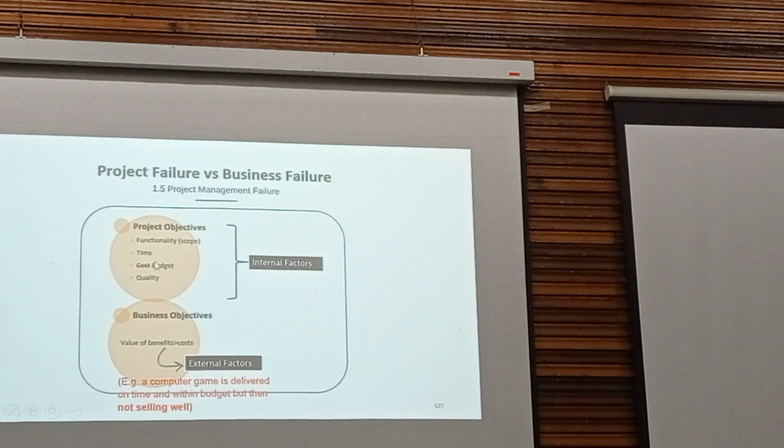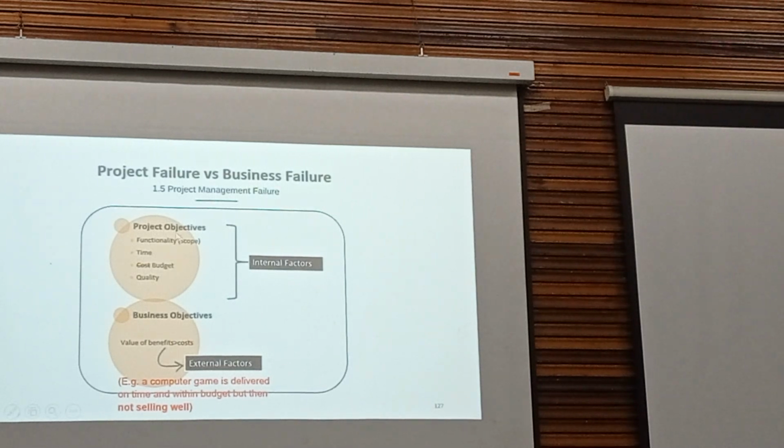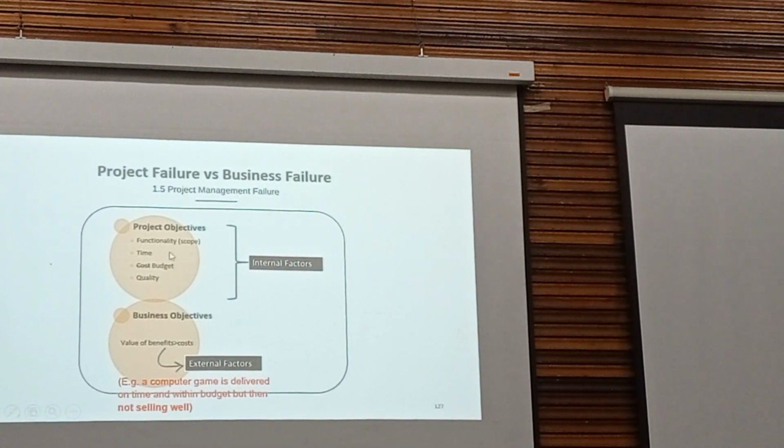On time, within budget, meeting quality requirements, and completing all the work are project objectives. Project objectives are internal factors; business objectives are external factors. Internal factors can be controlled by you, by the organization that developed the system.